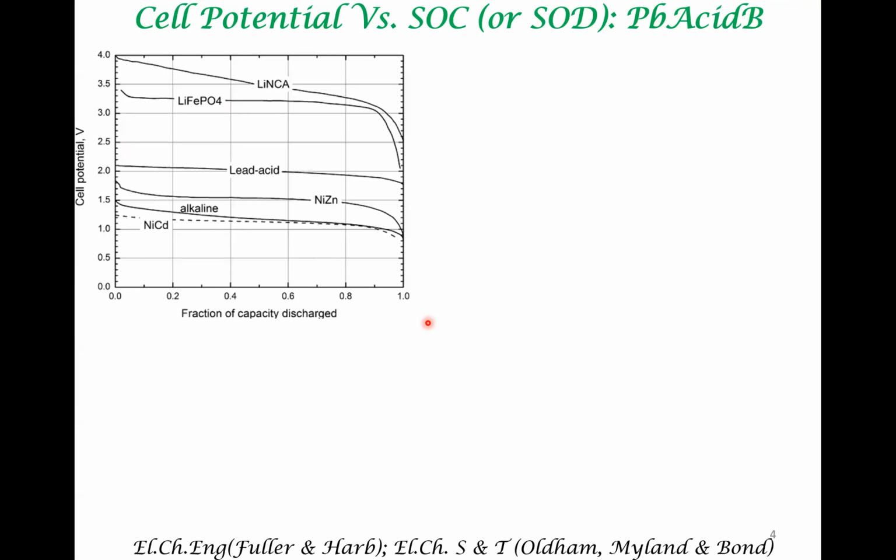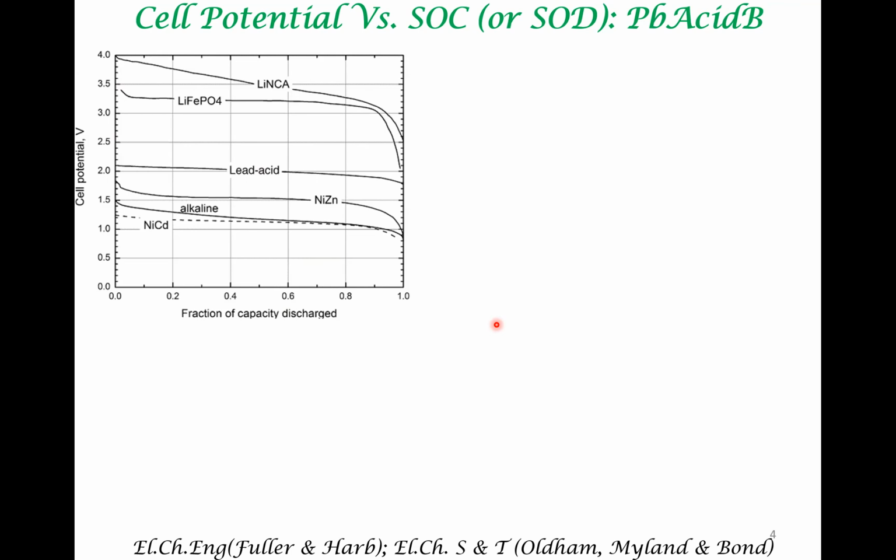So the state of charge controls the cell potential. These are essentially thermodynamic considerations. For every battery chemistry, there is a different way of understanding how the state of charge is related to the potential measured at a particular capacity.